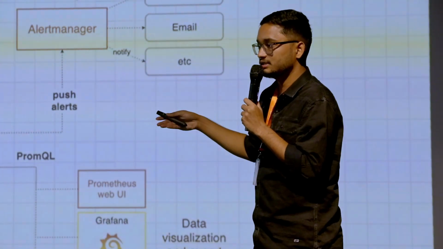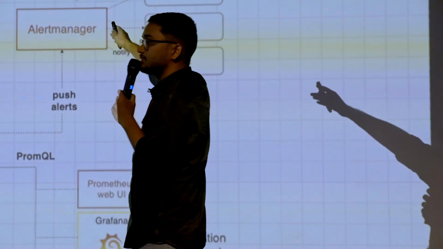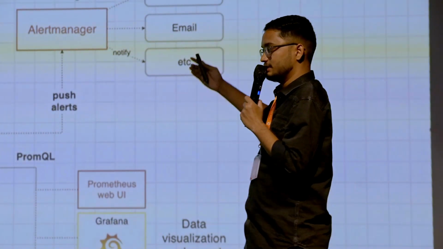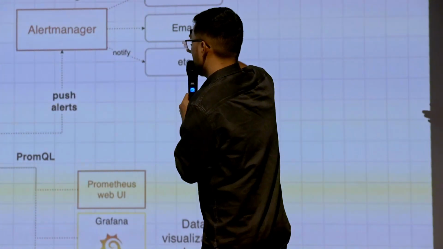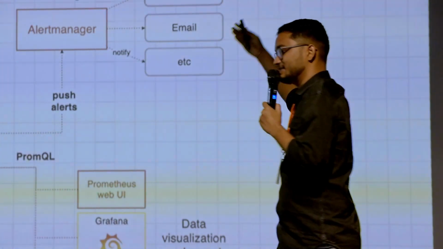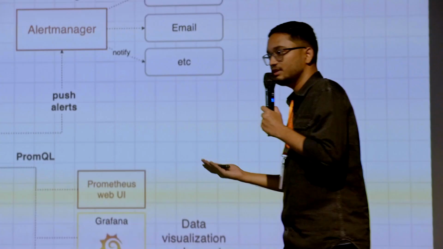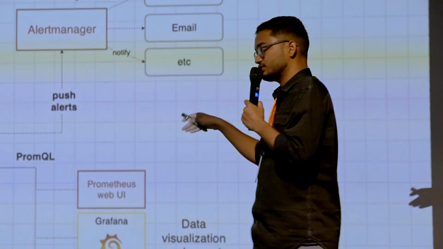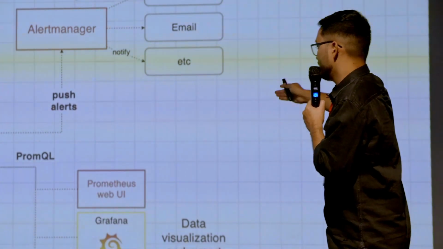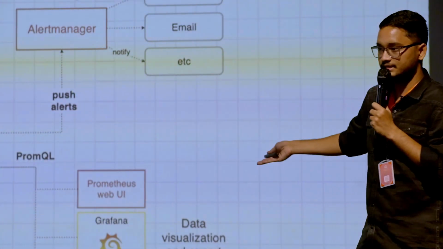There are exporters which export the metrics to Prometheus. There is Alertmanager, which helps in alerting if there is an outage, and it can alert different channels like email, PagerDuty, or even Slack. And you also have PromQL, a query language to query the metrics stored in Prometheus, which can be used by different visualization tools such as the Prometheus Web UI, Grafana, and other API clients as well.